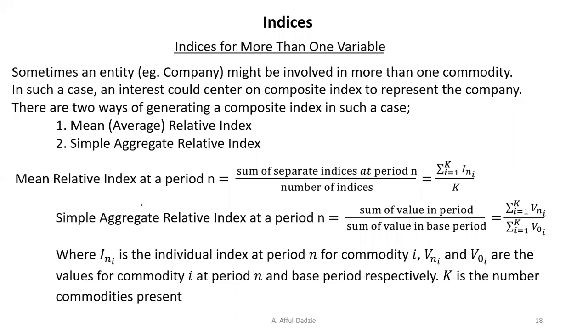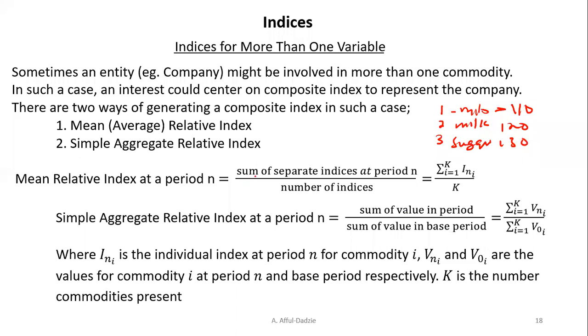So what this is saying is, if you have multiple commodities, let's say commodity 1, commodity 2, commodity 3, such as Milo, milk, and sugar. When you find the indices of these, you have their base values and the current values. Let's say I find the indices and I have 110, 120, and 130.